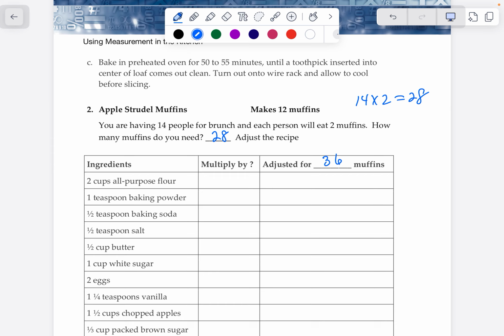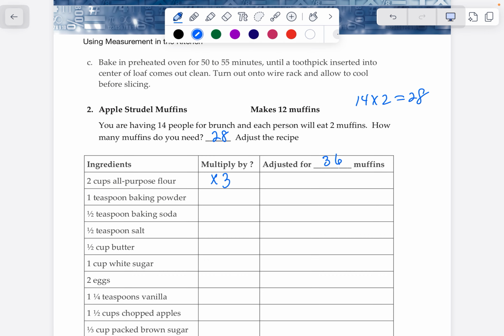Some recipes you can actually measure out the flour and the grams and things like that, and then you can adjust it for exactly the number of people. But that's pretty difficult to do. So what we're going to do is we're going to always round up. So we're going to have to multiply by 3 so that we kind of round up. Yes, we'll have extras, but we'll then definitely have enough to serve our people.